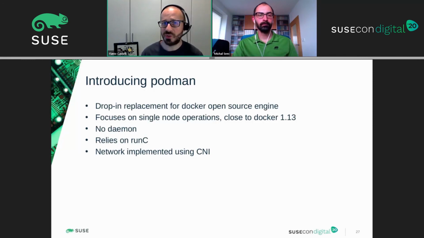It has some big changes compared to Docker, but these changes are, let's say, hidden. They are inside of the architecture. The first and biggest change is that it's daemonless. There is no Podman daemon running on your system, and no need to have a set of trusted users who are entitled to access the Docker daemon.